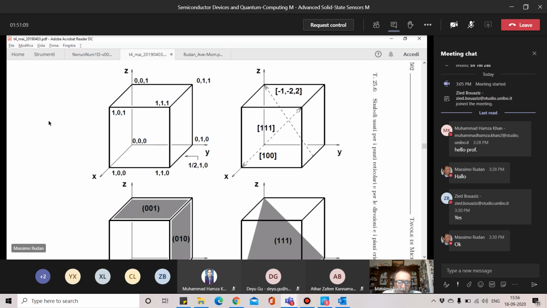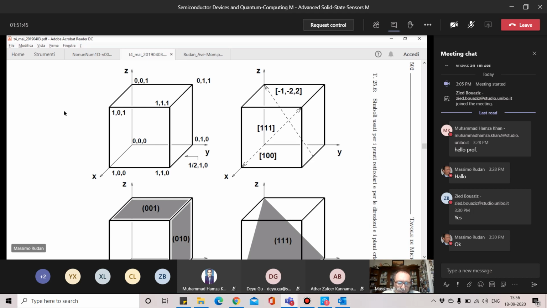If you look at the upper left part of the figure, this cube here, this is a cube in which vector A1 is aligned along the x-axis, vector A2 is aligned along the y-axis, and vector A3 is aligned along the z-axis.